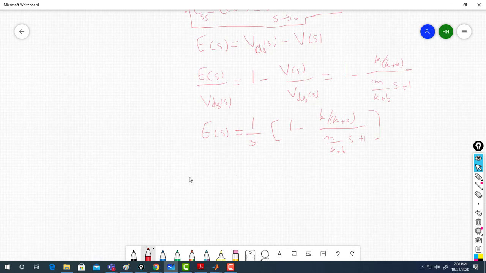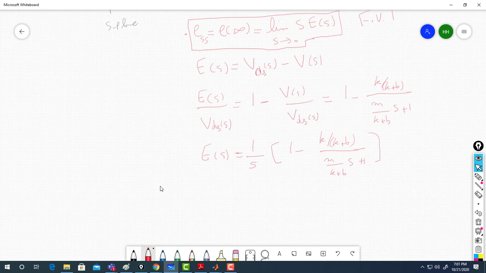Yes please. It becomes k over k plus b, because the s goes down, we just multiply by s. As Rami said, I will multiply this by s, so the s terms cancel each other, and I get 1 minus k over k plus b over 1. Doctor, a question: we put E of s over V desired as a step response, and its Laplace transform became 1 over s? Yes, it's a unit step input, so the Laplace transform is 1 over s.